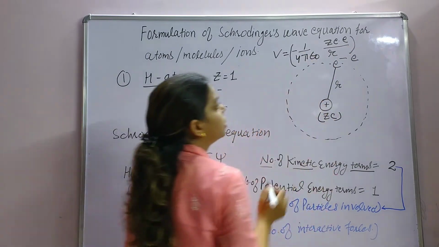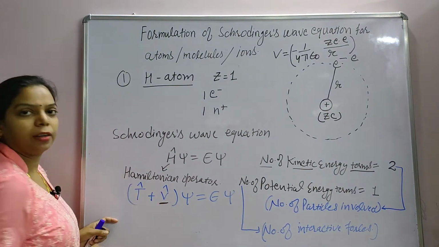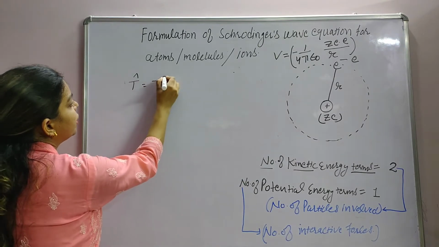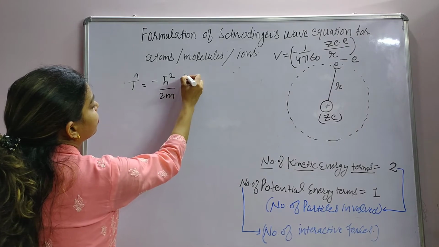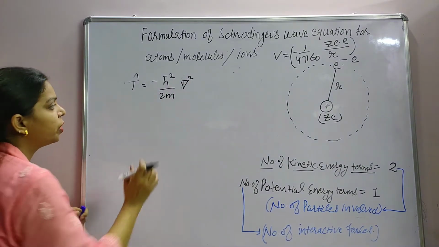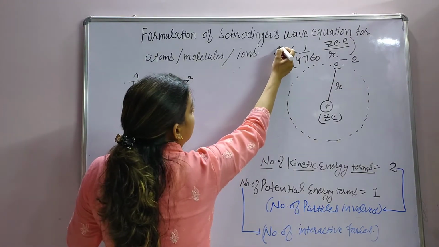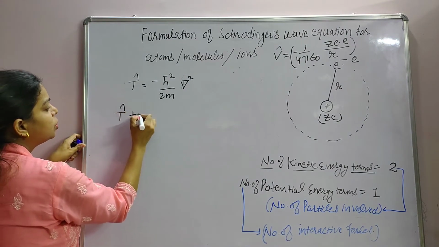So this is the potential energy term, which we will substitute over here. And the kinetic energy term is given as minus h bar square upon 2m del square. Alright. So this is kinetic energy term, this becomes your potential energy term, and you can substitute these terms over here.